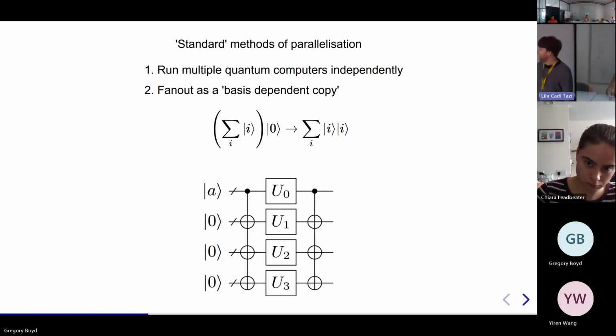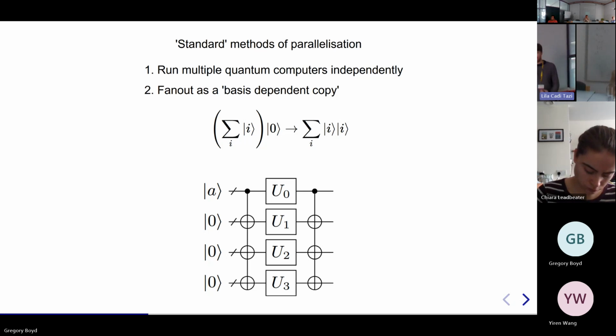So a circuit diagram. This kind of multi-target controlled NOT is what people usually call a fan-out operation. And each one of these lines is the whole register of qubits. And for unitaries that act nicely on a computational basis, we can do them all in parallel like this.